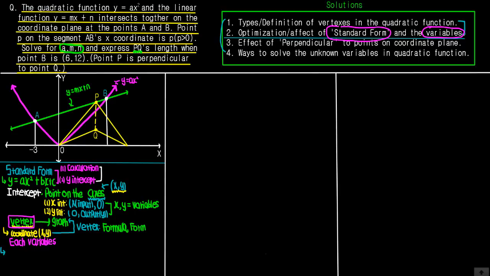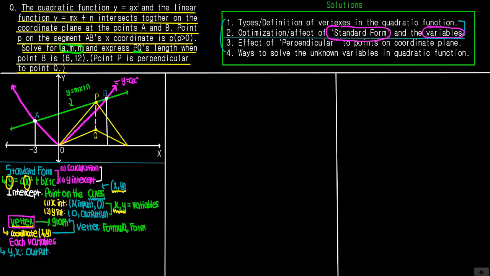We're thinking about what y and x are, because y and x are the main examples of the variables that we commonly use in our quadratic function.